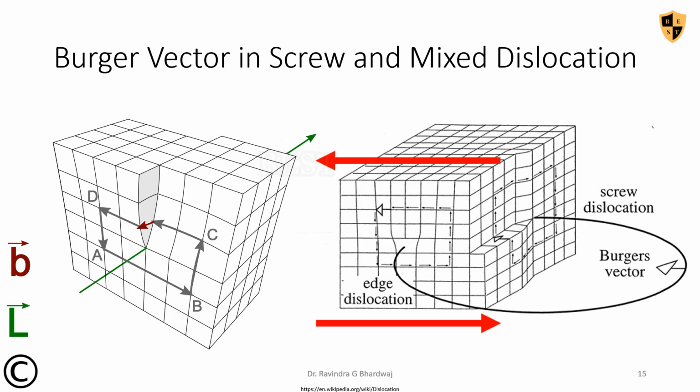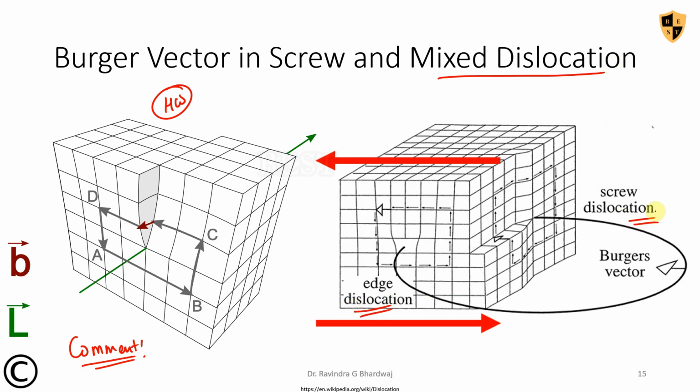So this is an example, please try it, this is a kind of homework. See what kind of screw dislocation you are getting, comment in the chat box what answer you are getting and I will reply to you. Second example is this one where we have a mixed dislocation. Mixed dislocation means you have edge dislocation and screw dislocation.